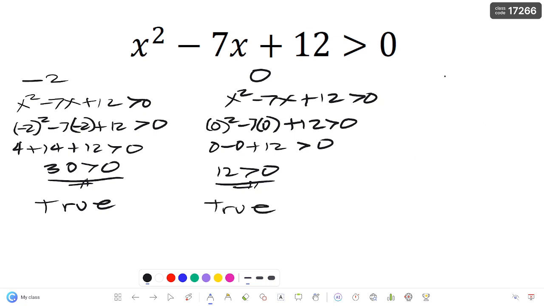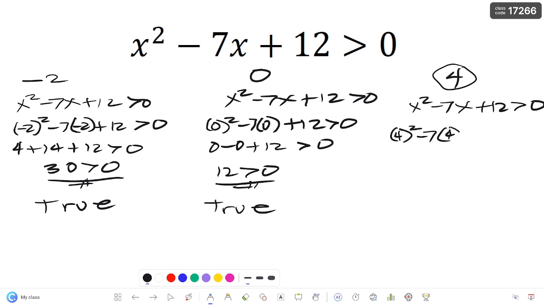So, next, punta naman tayo sa 4. X squared minus 7x plus 12 greater than 0. Substitute natin si 4 sa equation: 4 squared minus 7 times 4 plus 12 greater than 0.